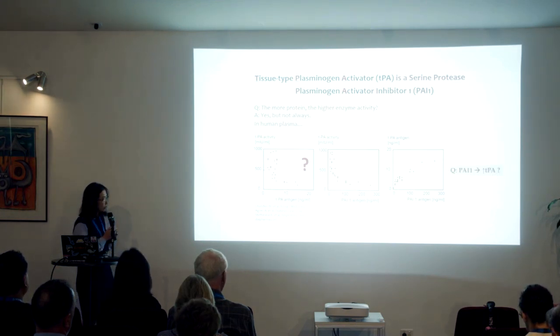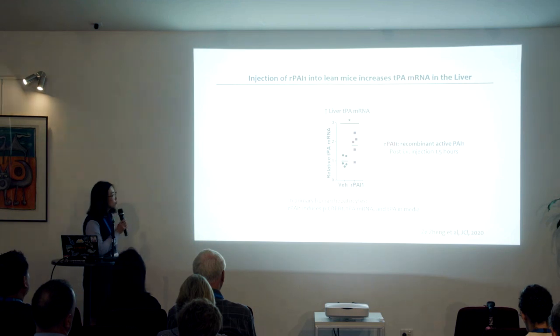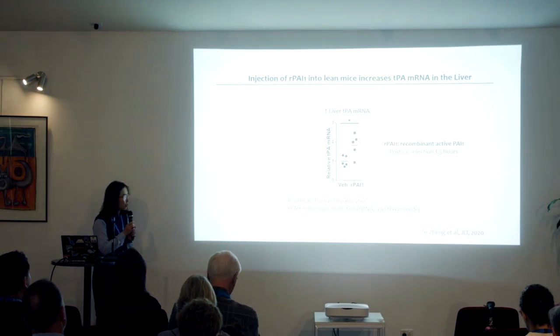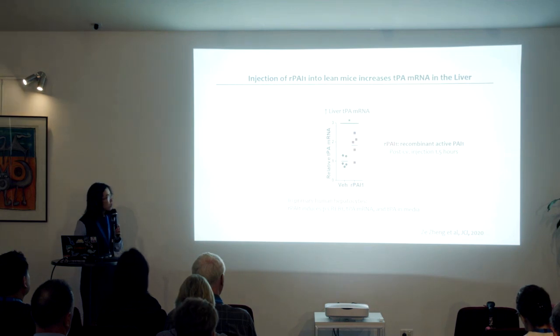So we asked whether PAI-1 can not only inhibit TPA, but also induce a compensatory increase of TPA. To prove this concept, the first experiment we did was simply to inject recombinant PAI-1 into lean mice, where the circulating PAI-1 level is relatively low. Shortly after, at 1.5 hours, the TPA mRNA level in the liver went up.